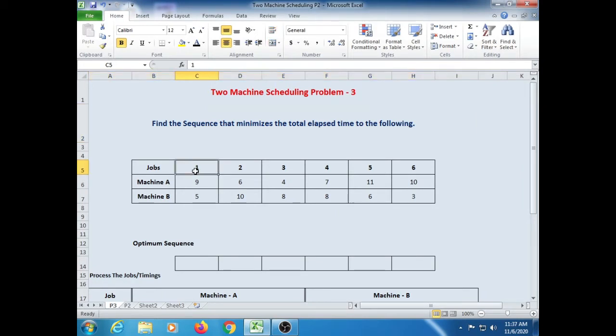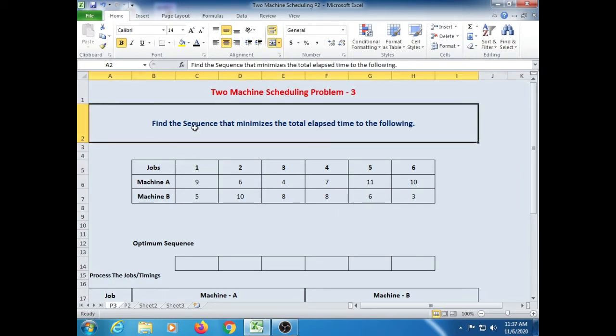So first we have to find the optimum sequence.